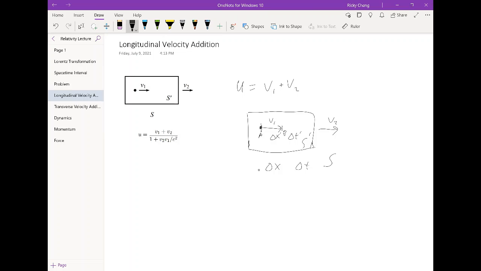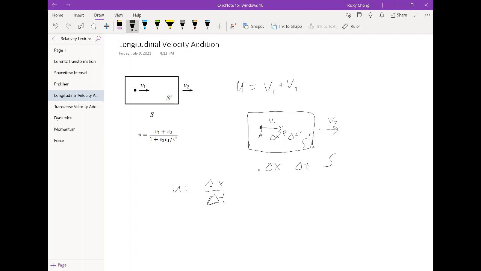Then clearly u is equal to delta x over delta t, because that's just the definition of velocity.